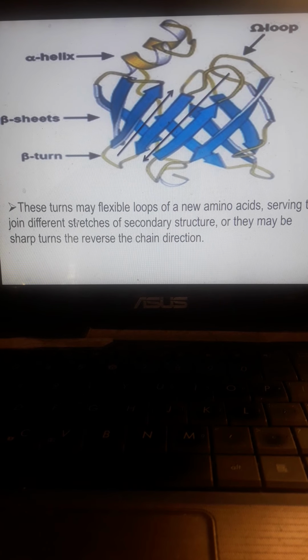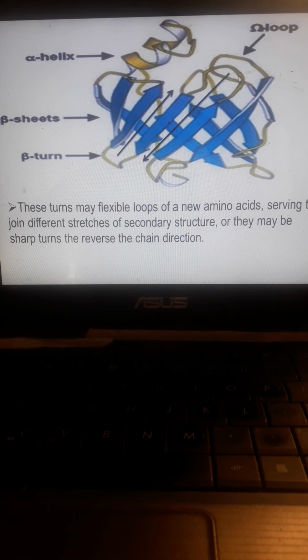So the turns may be flexible loops of new amino acids that serve to join the stretches of secondary structure. They may be sharp turns of reverse chain reaction. So there is what we call a turning of amino acids, okay, by protection, or facilitated, by the flexible loop.